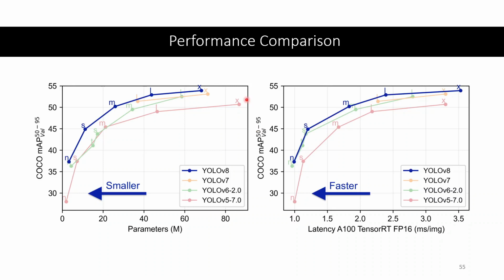This is another chart, the number of parameters. You see the tiny model has the smallest number of parameters, and the large is around 66 million parameters. However, this chart was cropped from their official website, and I found another chart.